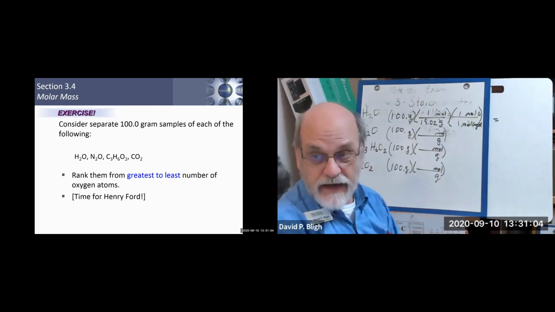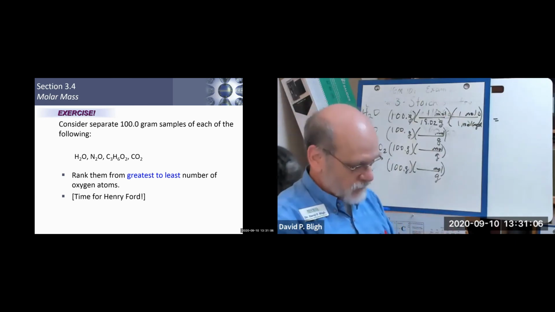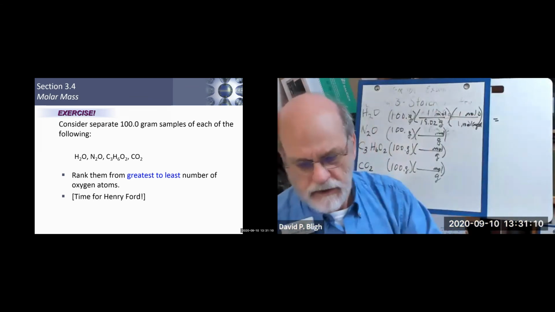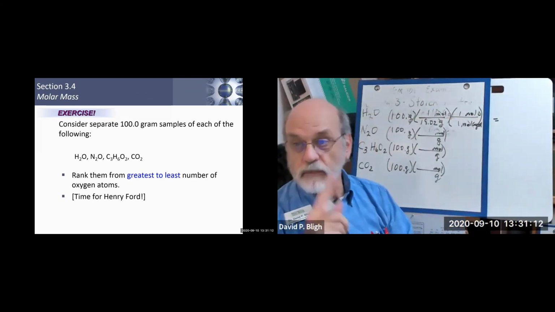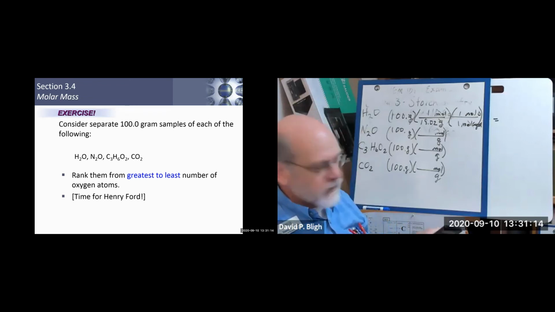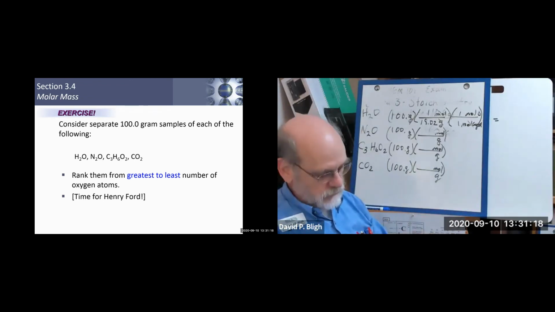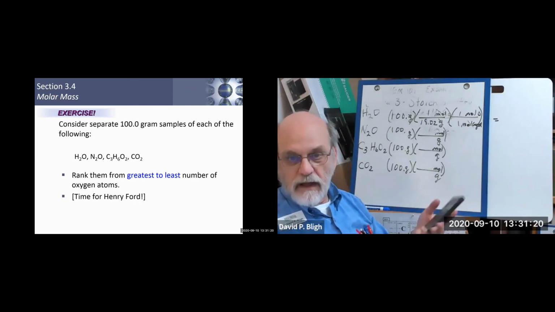Dinitrogen monoxide. All right, so I'm going to get my calculator. How many oxygens do we have? 1. And you look up on your periodic table, 1 oxygen is 16. And we have 2 nitrogens. Each nitrogen is 14.01.